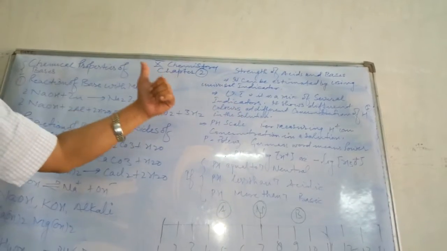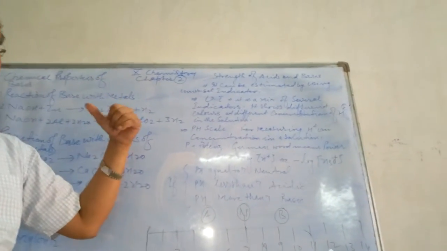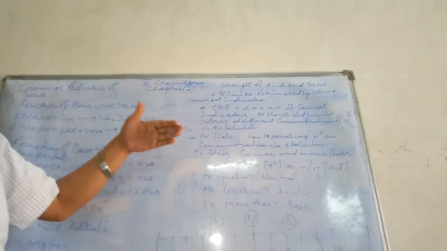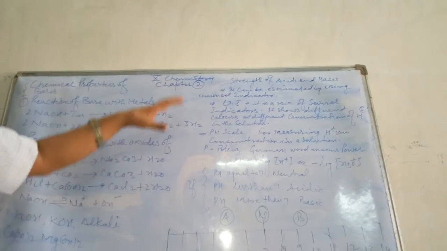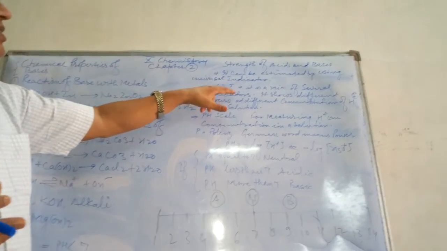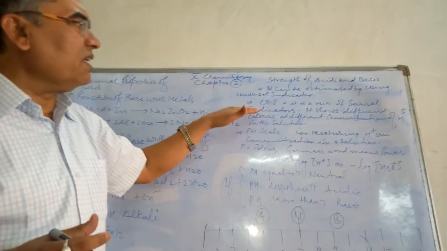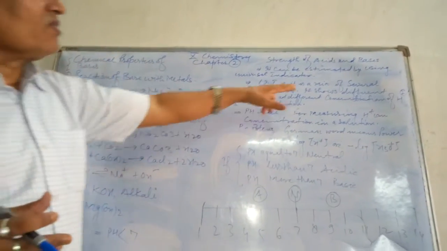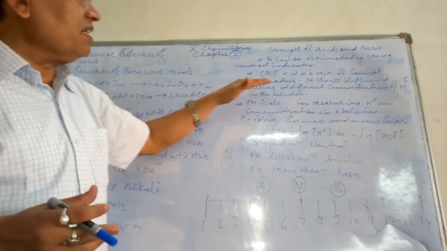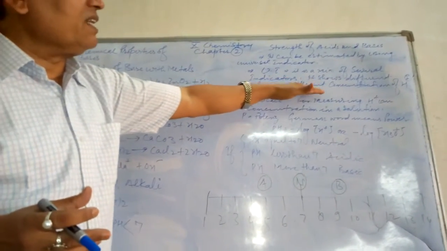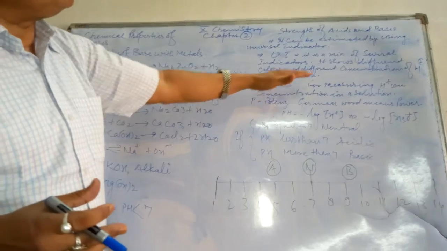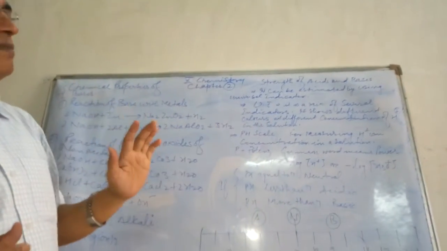Already you studied yesterday in my lecture natural indicators and synthetic indicators. It is okay. So here a universal indicator is developed, means it is a mixture of several indicators. It shows different colors at different concentrations of hydrogen ion in the solution.